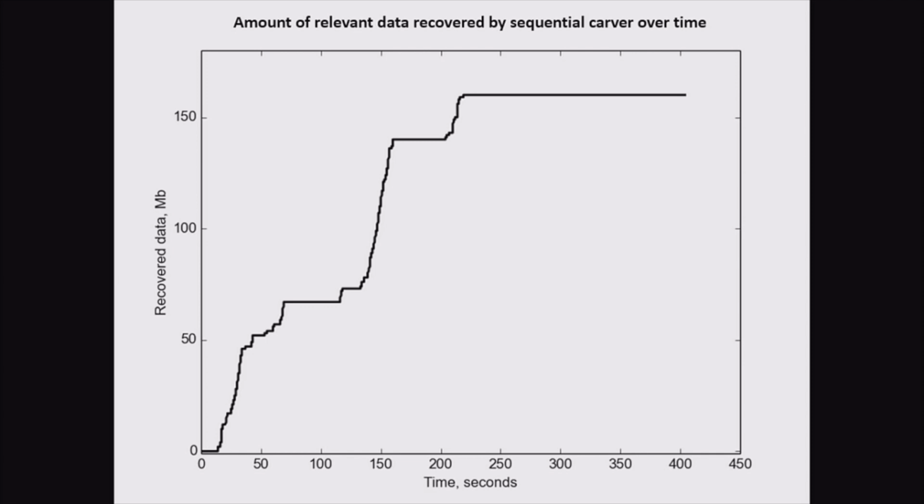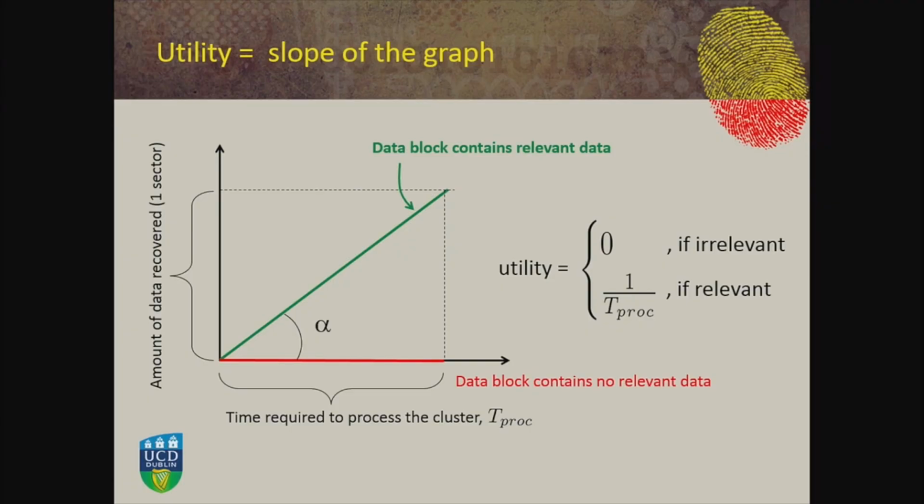So for us, when we built this carver, the utility was the slope of the graph. Now think about it. To process a particular data block, we need some time. And the time required to process the block consists of the time we need to reposition the read-write head of the drive, read the cluster, and process it in RAM.